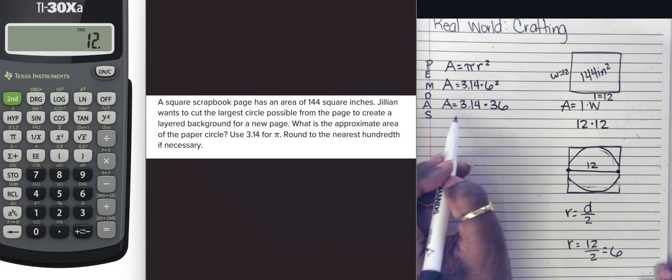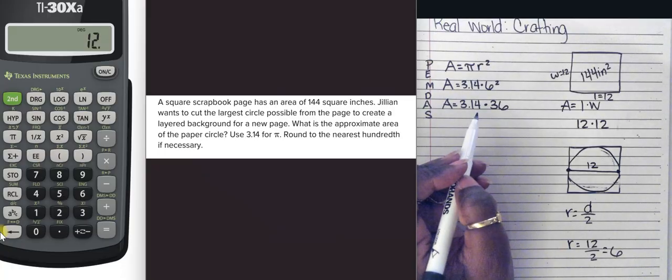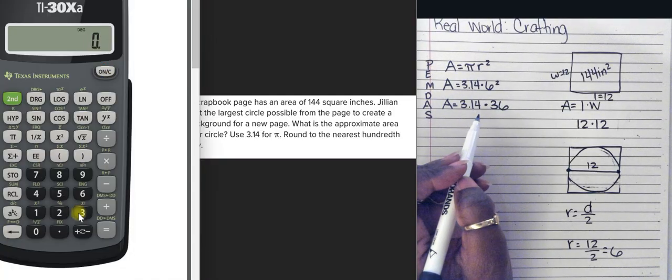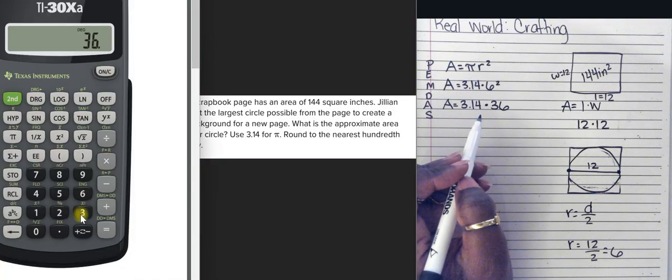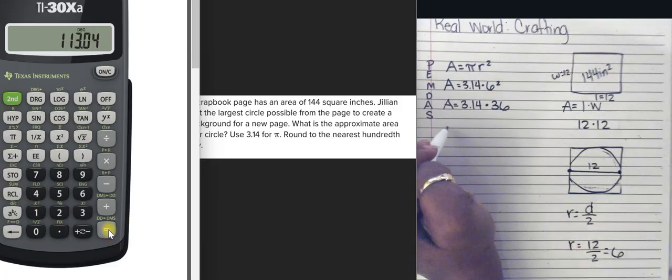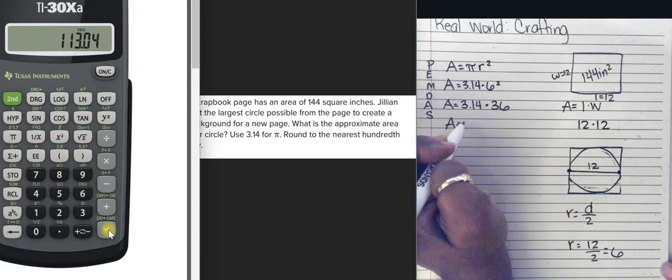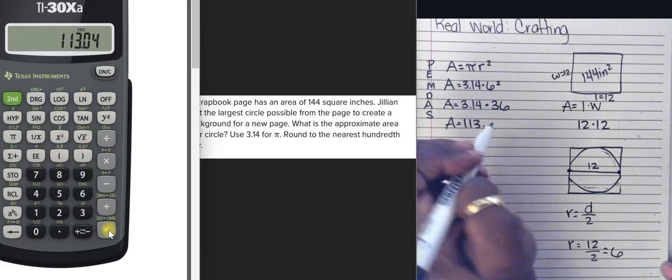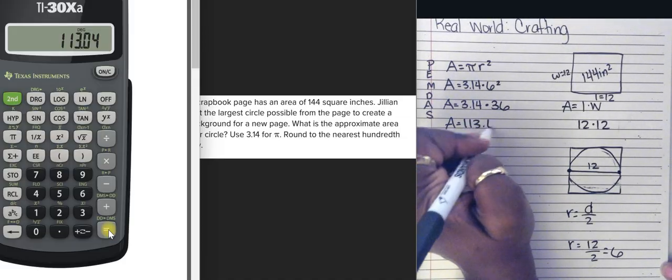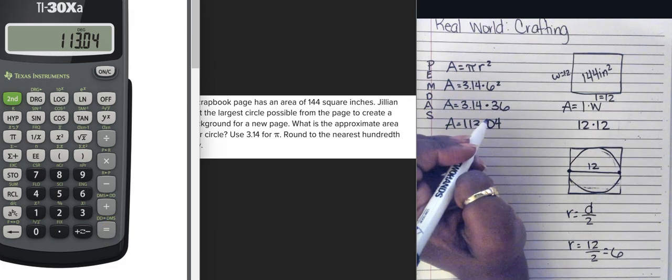Then we're going to multiply 36 times 3.14. So the area is going to be 113.04.